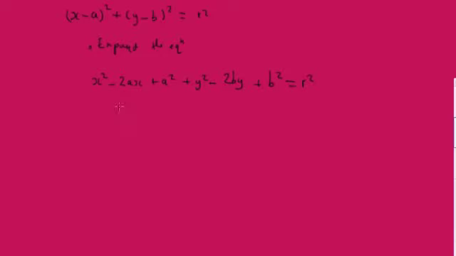Now let's rearrange this. So let's put the x and y squared terms together, and the x and y ones together: minus 2ax minus 2by, and then at the end we'll have plus a squared plus b squared minus r squared, bringing the r squared over so that it's equal to 0.